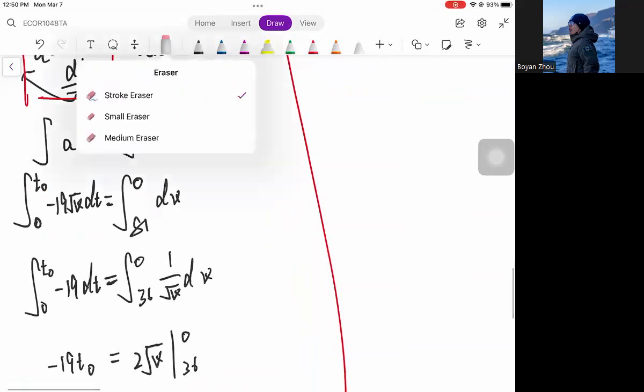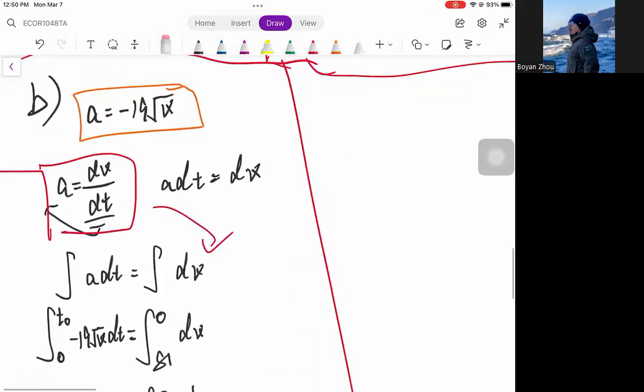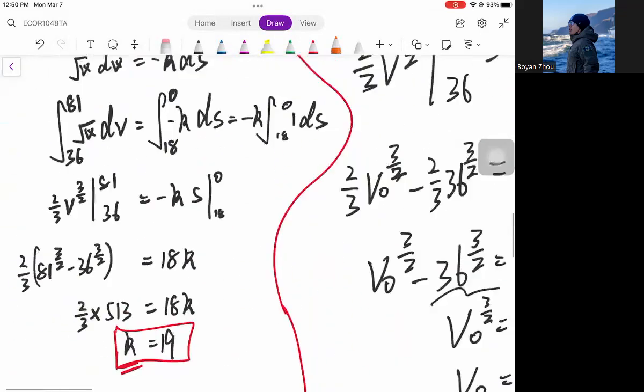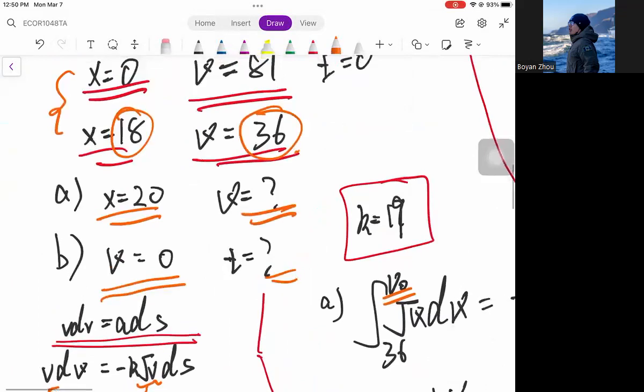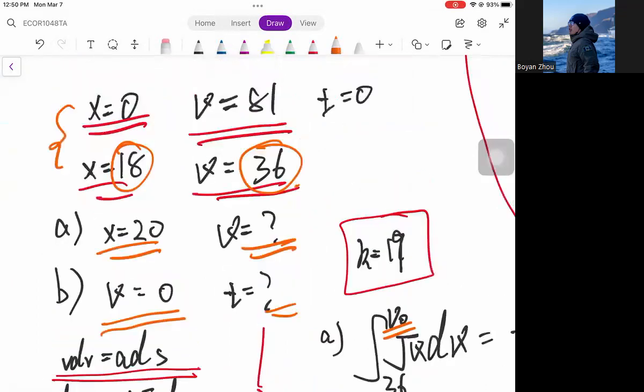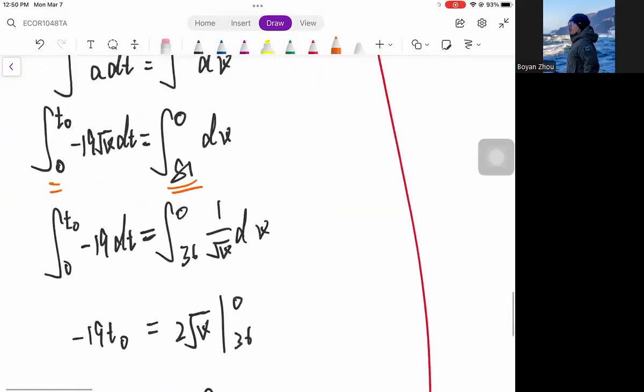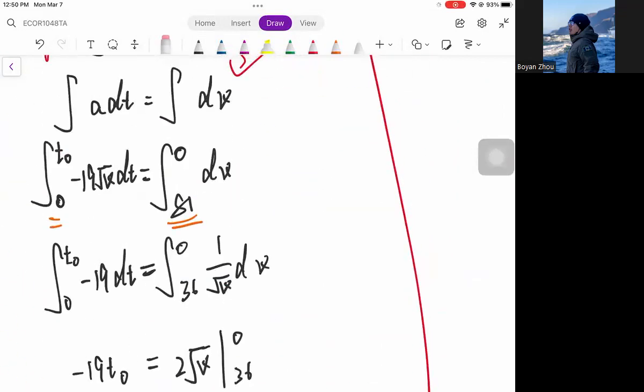I'm just correcting the math here because I put a wrong value. This one should be 81. When the velocity is equal to 81, the time is 0. So where is it? Also here. When the velocity is 81, the time is 0. Going back on here, I'm going to put the 81.